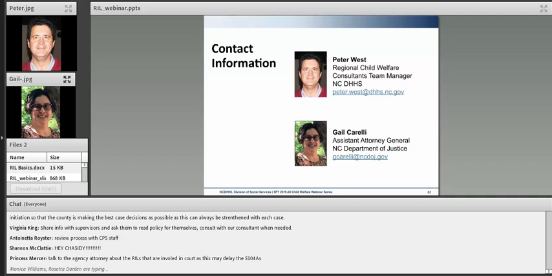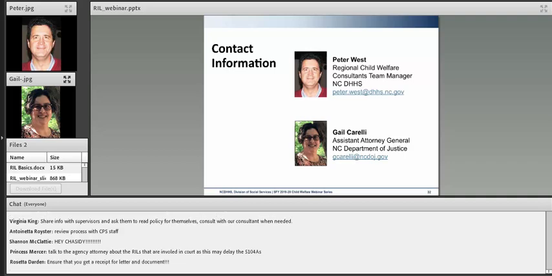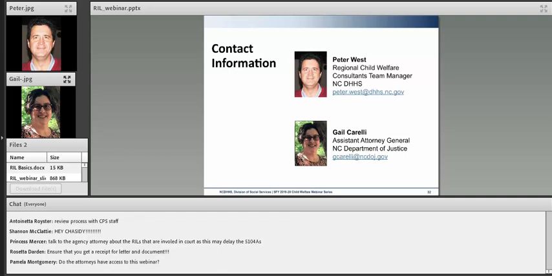And for the directors on the call, there is a DSS attorney listserv, and hopefully all of your attorneys are on that listserv. It's facilitated by the UNC School of Government. It's a great resource because attorneys can speak with each other. I've seen attorneys post, hey, does anybody have a go-by, a sample for that thing?